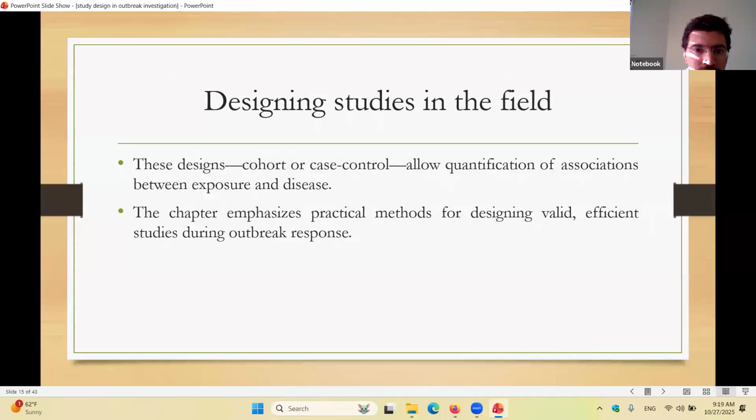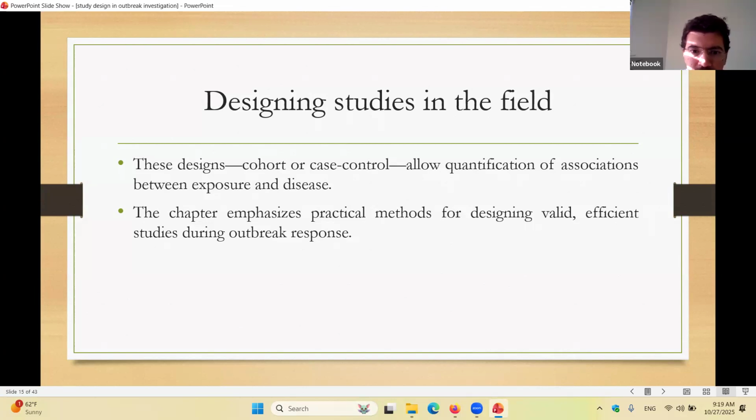These designs, cohort or case control, allow quantification of associations between exposure and disease. The point is quantification and to find numeric indices.